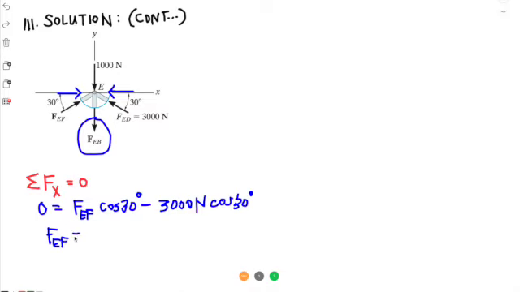So FEF equals 3,000, and it's also compressing joint E, so it's a compressive force. Okay. So what's next? What remains is to do a summation of forces in Y direction.